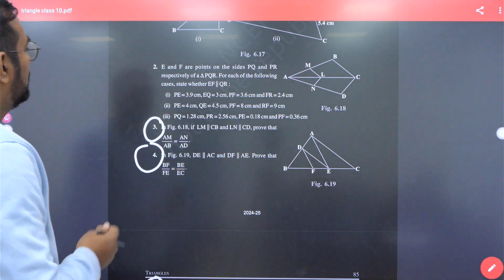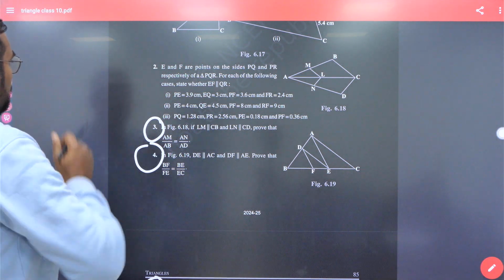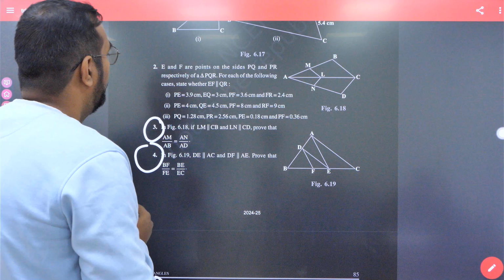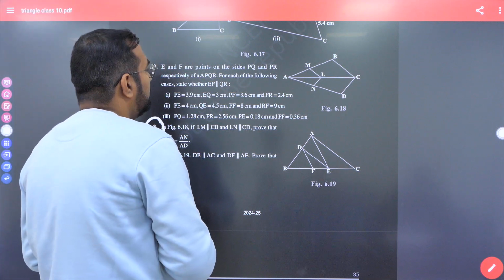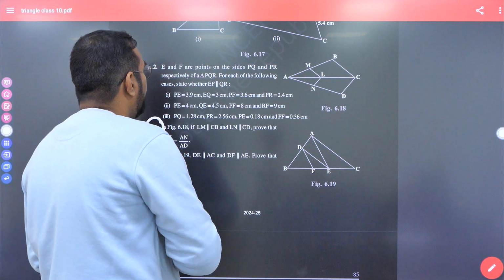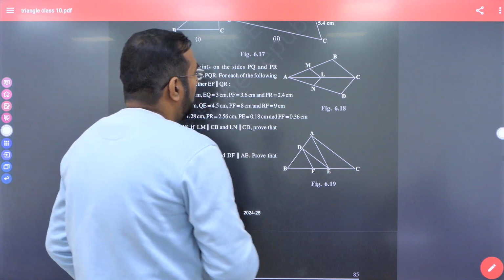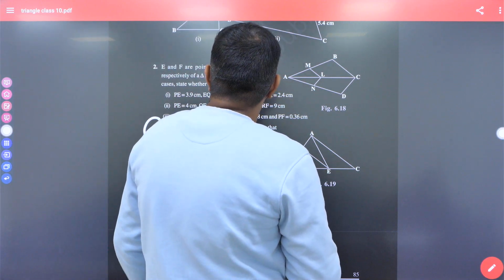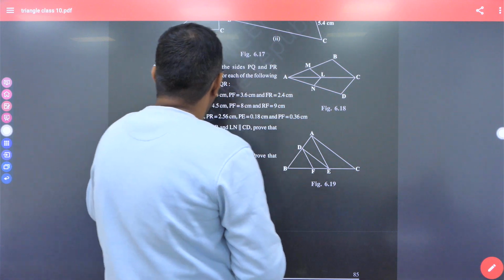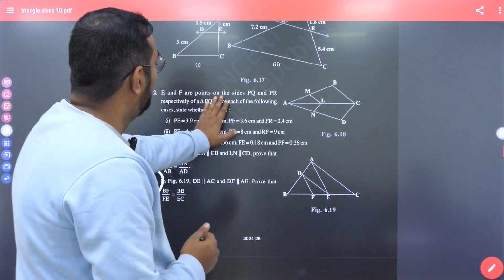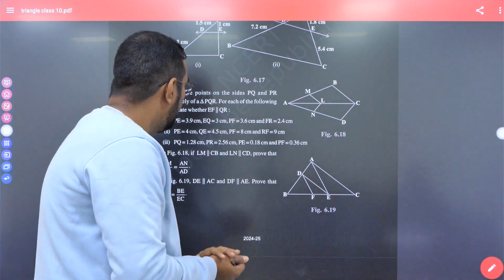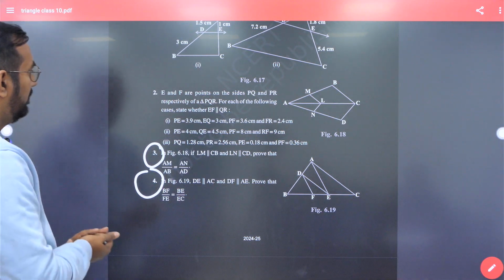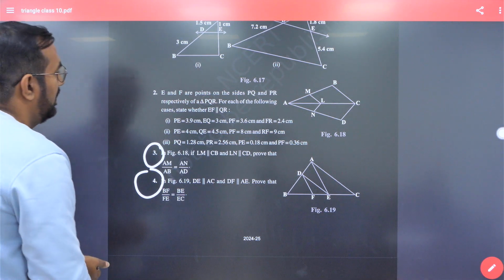So better, let's move to question number 2. It is saying that E and F are points on the side PQ and PR respectively of triangle PQR. There is no figure for this question. For each of the following cases state whether EF is parallel to QR.